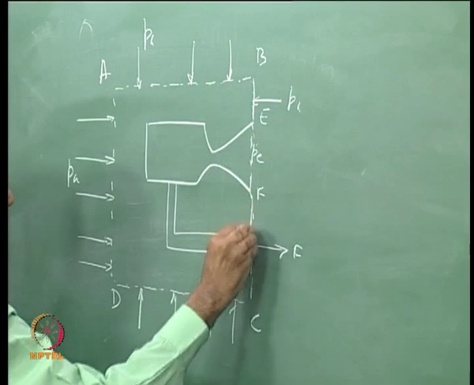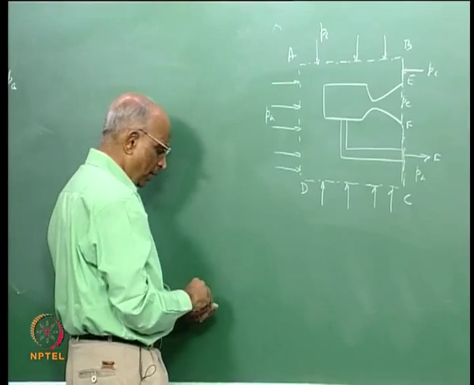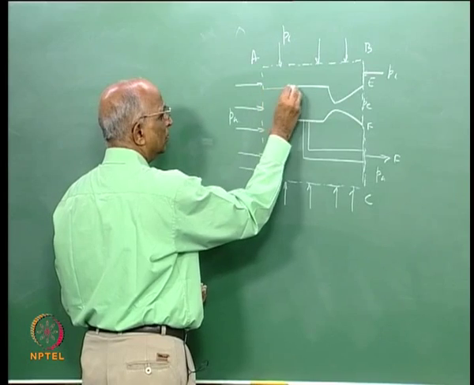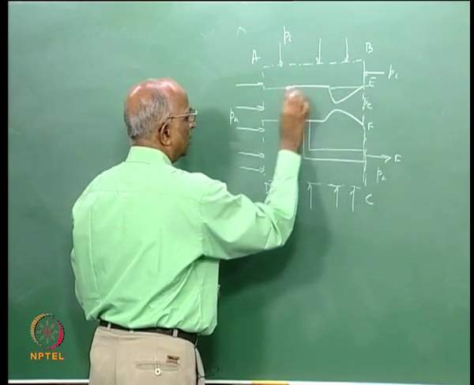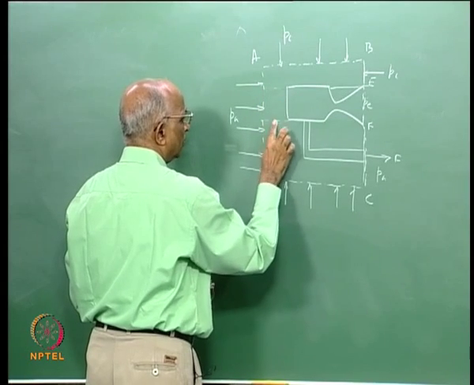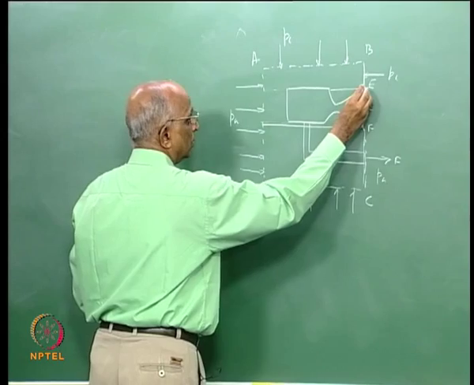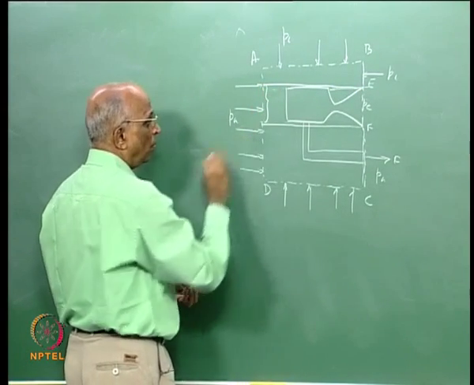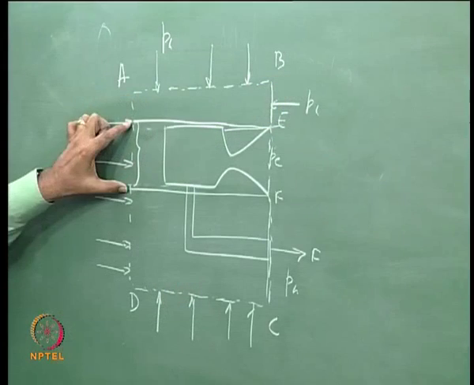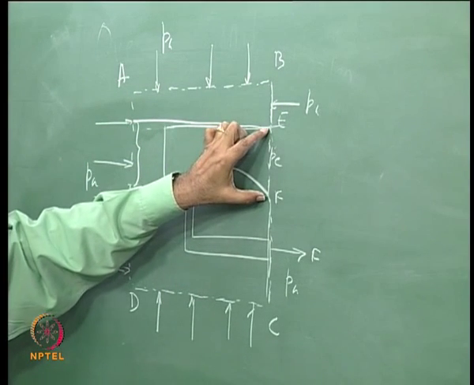Therefore, the only place where I have a difference in pressure is in this region. Over this particular area I have ambient pressure Pa acting, and over here Pe is acting.